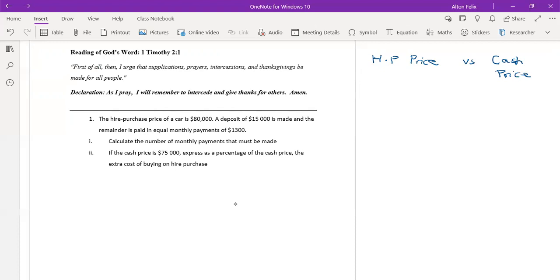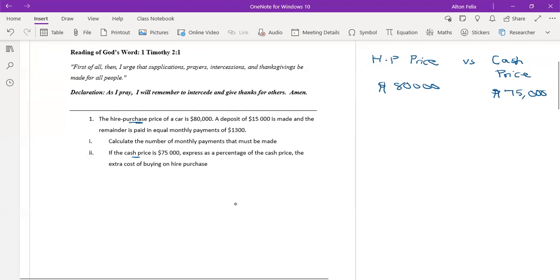So the second part of the question says, if the cash price, so there you go, that's the other term, the cash price, and you have the hire purchase price. And the cash price here is 80,000. And in part 2, we are told that the cash price is 75,000. So you clearly see that the cash price is always cheaper than the hire purchase price.